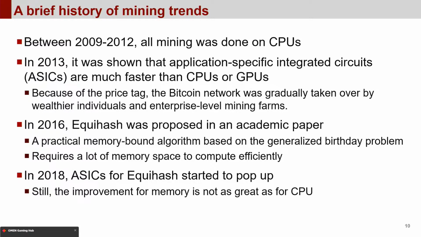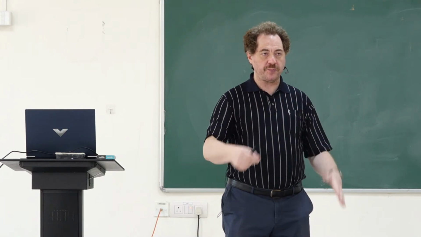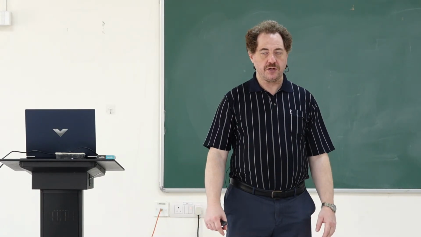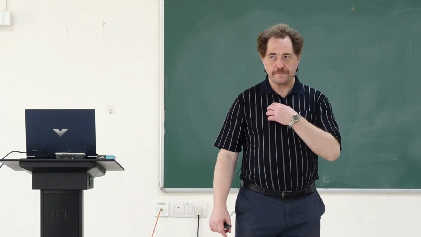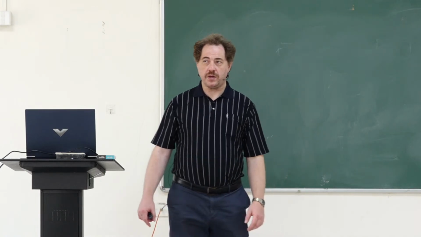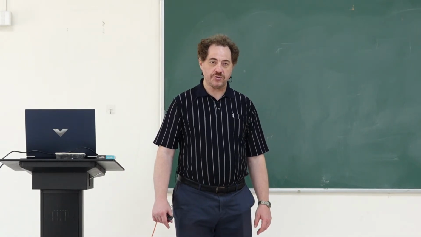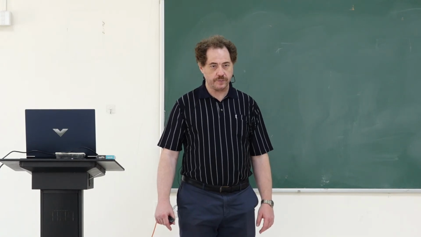Therefore, they exist, they are used, but they are not as effective as ASICs in Bitcoin. For this reason, centralization in Ethereum is not considered as much of a problem as centralization in Bitcoin. And as a matter of fact, most of the mining in Ethereum today is done by GPUs. Not by CPUs, not by ASICs, but by GPUs.